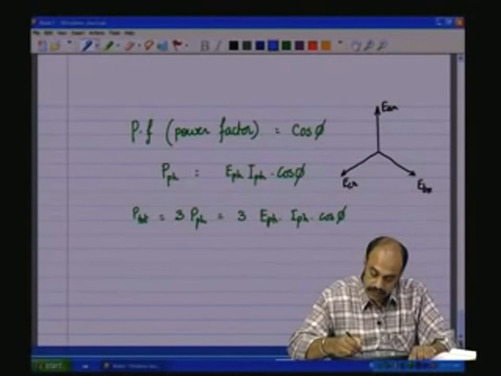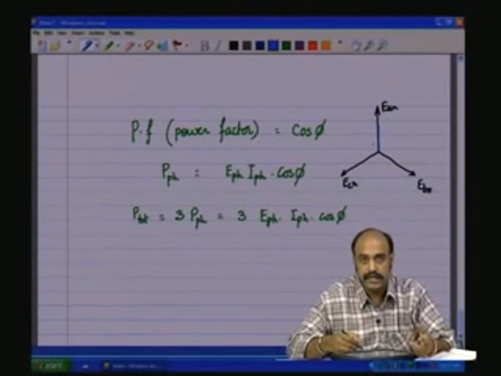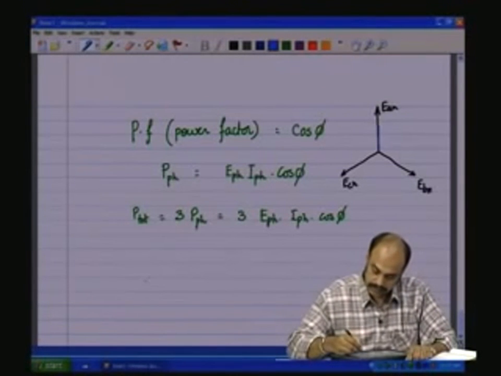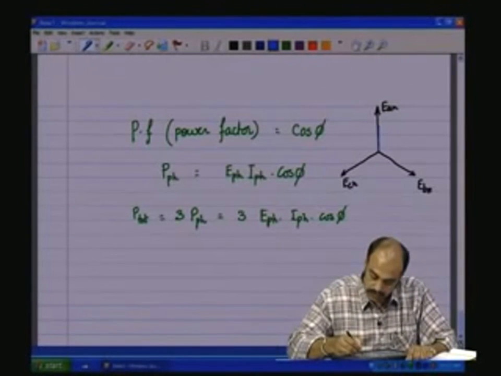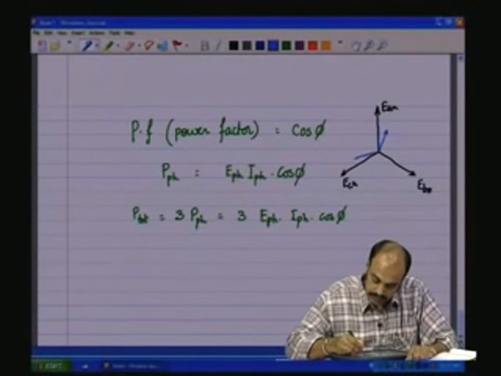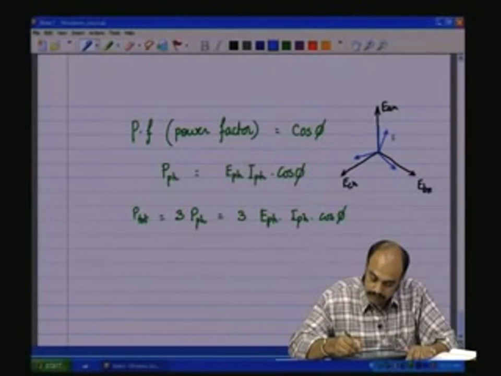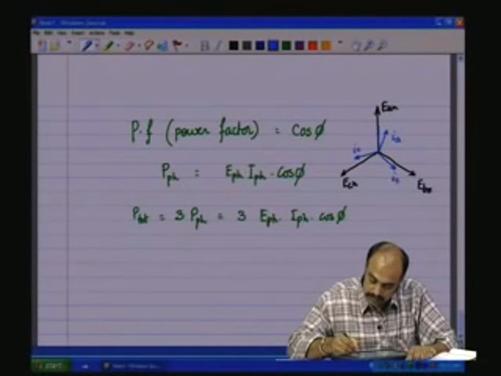In a resistive network, the currents are going to be in phase, but in the case of, let us say, an inductive RL circuit in the three load arms, you will have a current which is lagging each of the phase voltages. So, this would be IA, IC, this is IB.